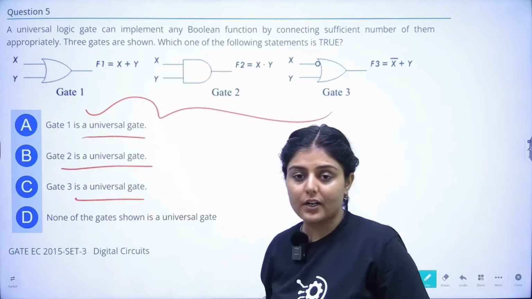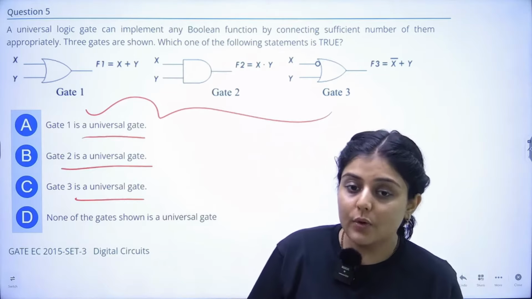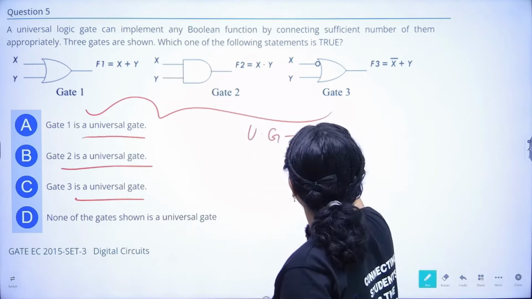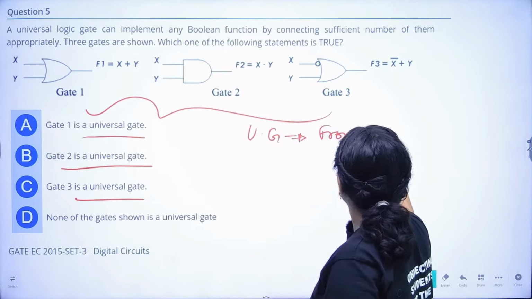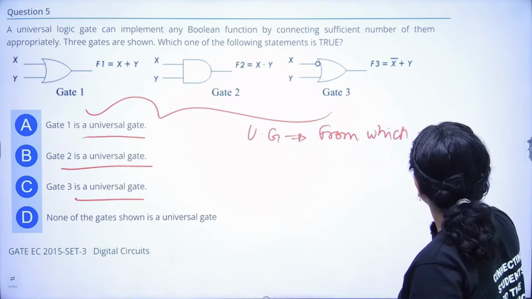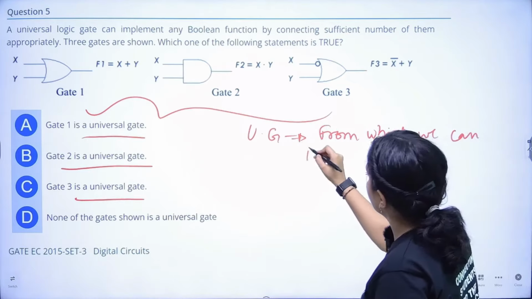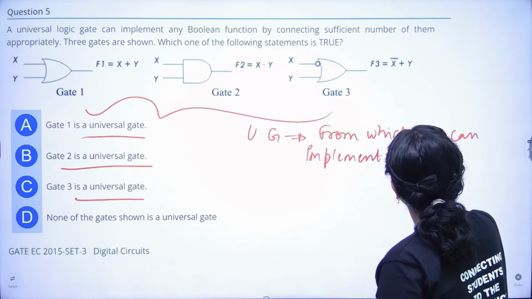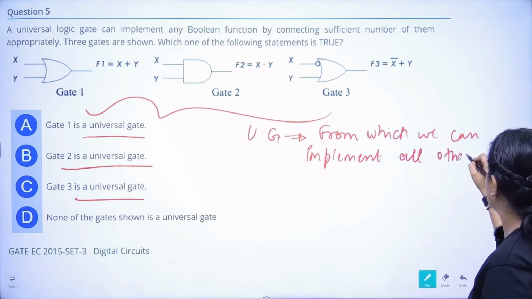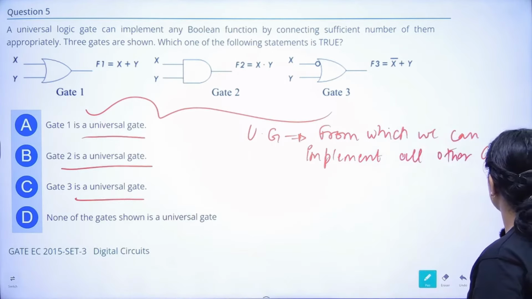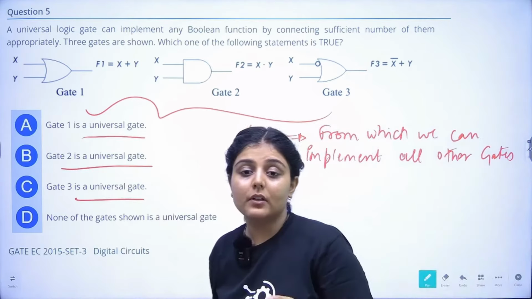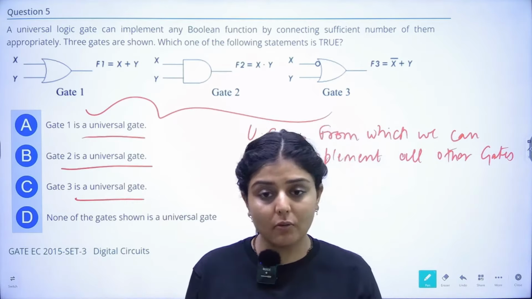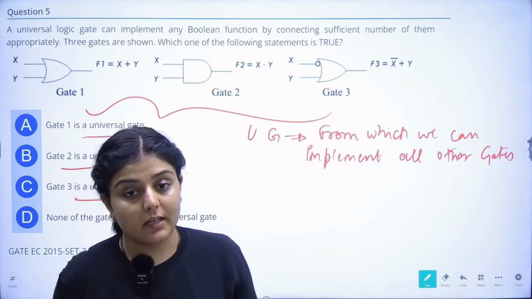Universal gate is what kind of gate? Universal gate is that gate from which we can implement all other gates. So as I have told you before, if you can implement NOT, you can always implement all the other gates, right?